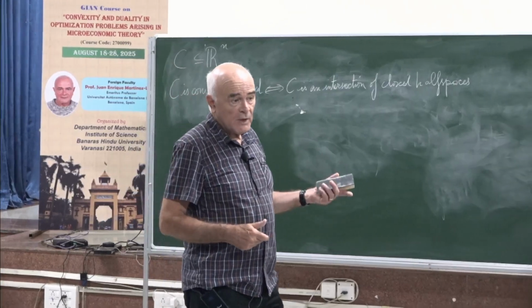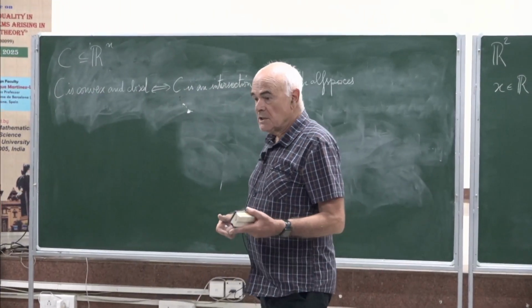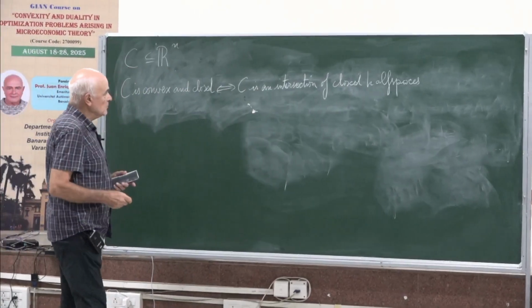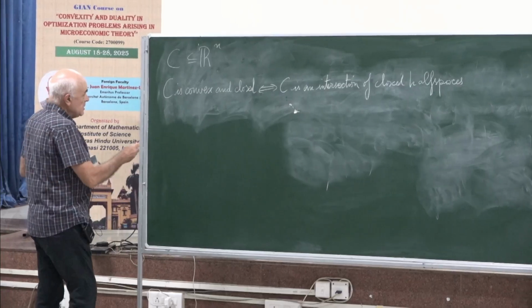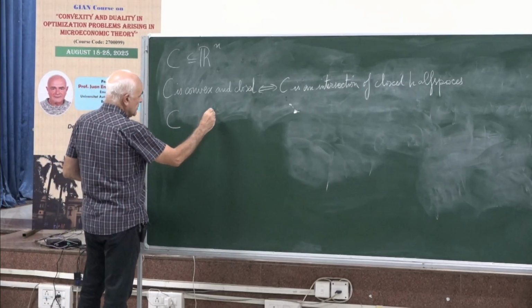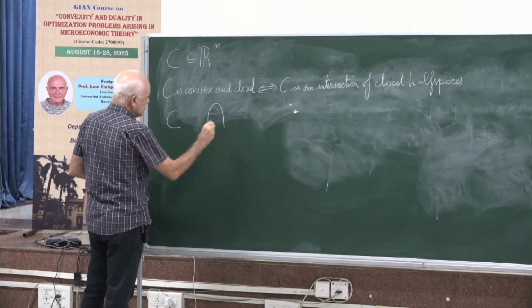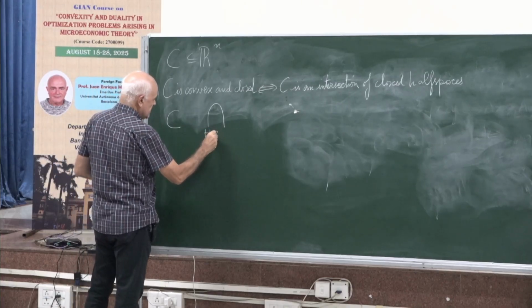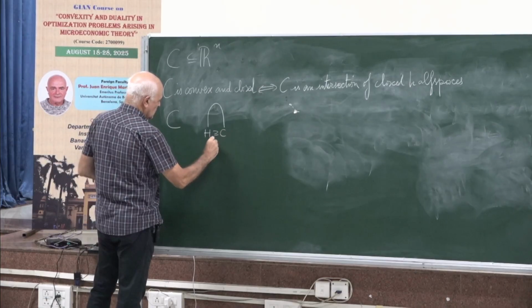But from left to right, we need the separation theorem, because suppose C is convex and closed, and consider the intersection of all closed half spaces that contain C.